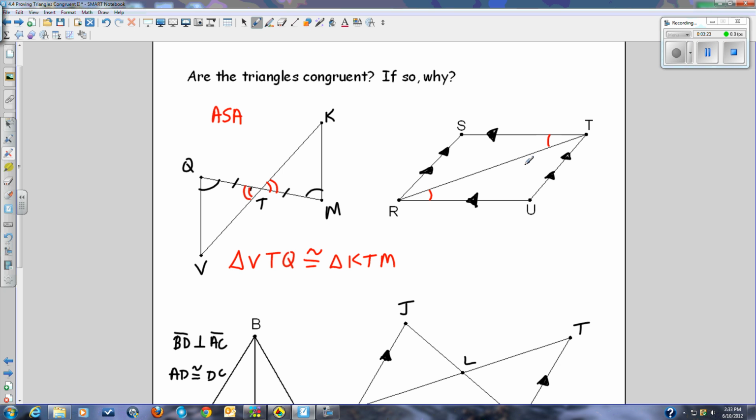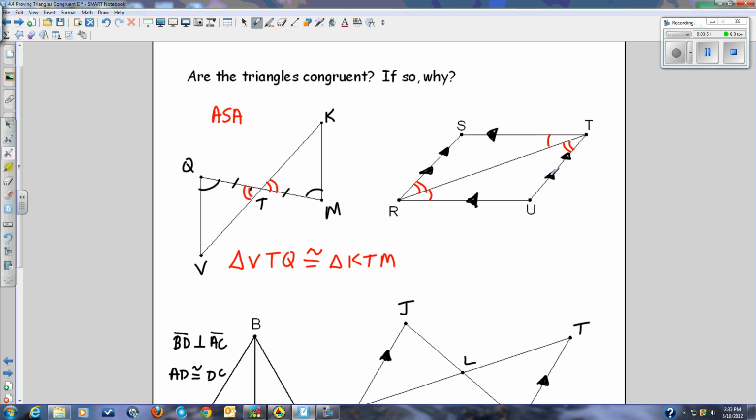But it's also the same going the other way. We know that since RS and UT are parallel and they're cut by this transversal, their alternate interior angles are congruent. So angle RTU is also congruent to angle SRT.